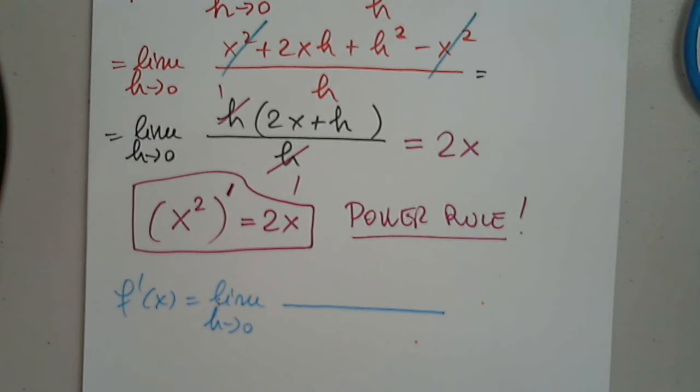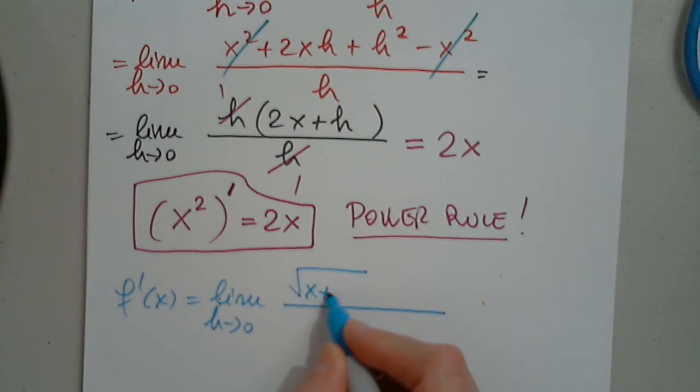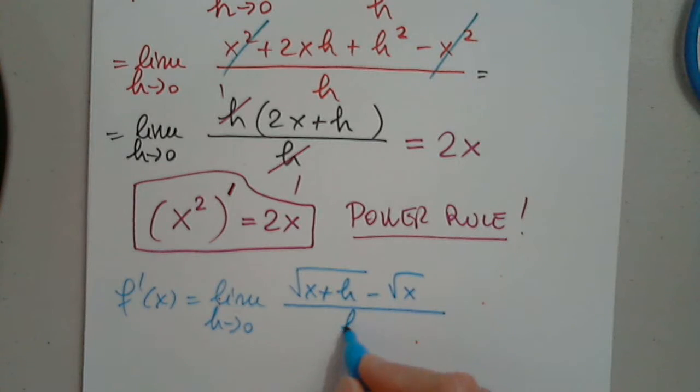It would be the square root of x plus h minus the square root of x over h. Thank you very much, Liam. Good. What do we do next? Anyone? Rationalize the numerator. Thank you very much.